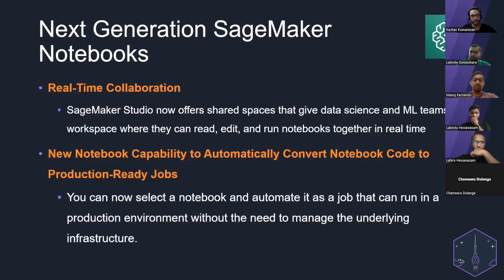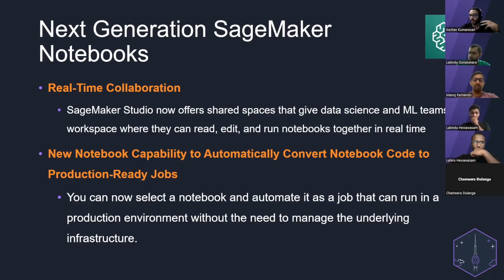The other two things are, first, real-time collaboration, which is kind of like how in Google Drive or OneDrive you can write documents, and others can also join and write in real time, and you can see who is writing what, so that you can all share the same document. In the same way, SageMaker now supports real time.